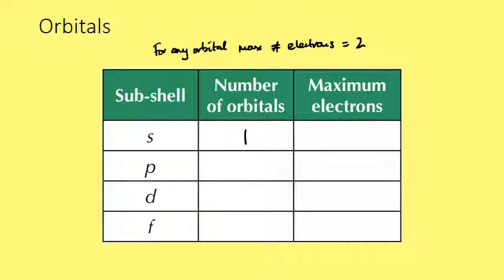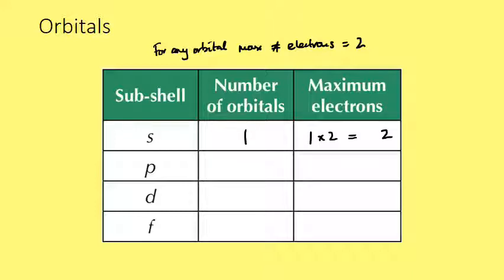Okay, so you can only put 2 electrons in an orbital. So the maximum number of electrons is 1 orbital times 2 electrons per orbital, so the maximum number of electrons is 2.